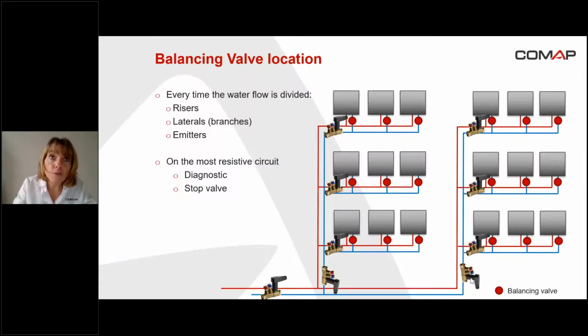And if we can't measure the flow, it's impossible to make a diagnostic. So as it's necessary to add stop valves, it's better to have a valve with an added value, a stop valve plus a setting valve, so a balancing valve. So it's better to install a balancing valve instead of installing only a stop valve on the most resistive circuits.